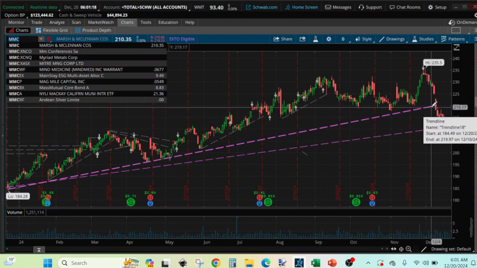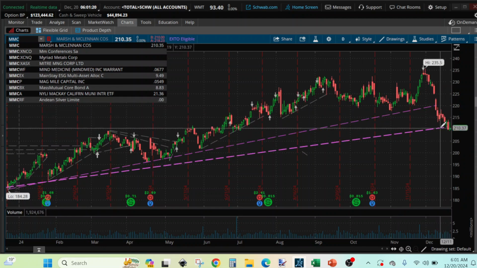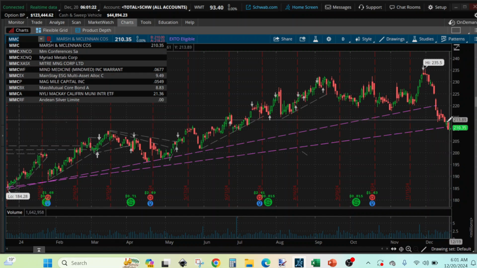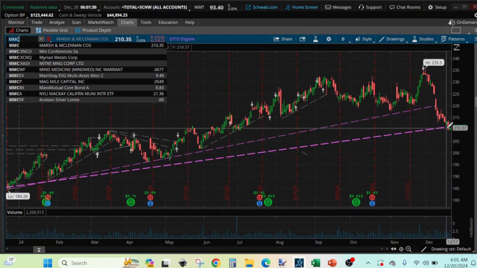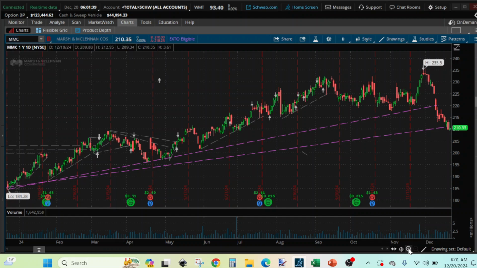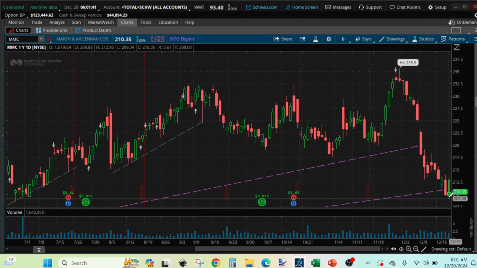MMC, from there went to this line, and we are not seeing the uptrend line there just yet. Two lows. We have one here. We need to see the second one. So we have a green bar, an indication that it went up.